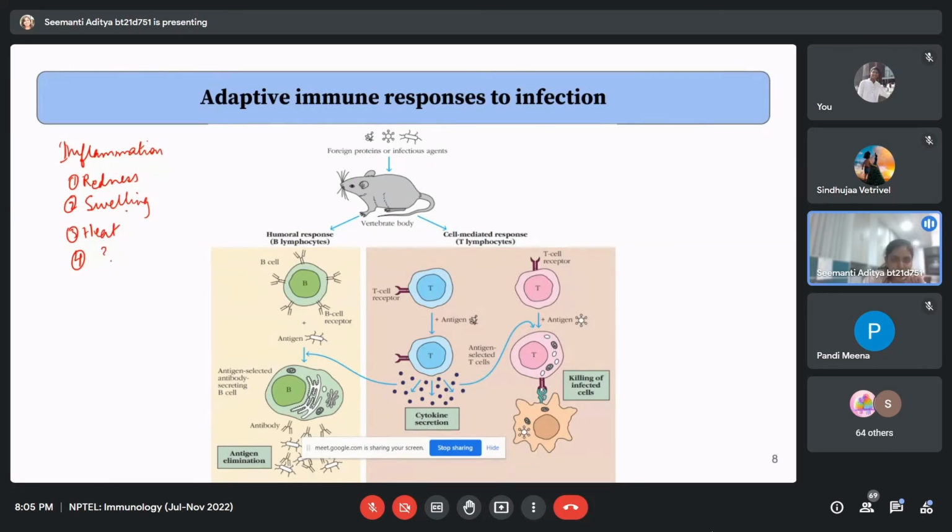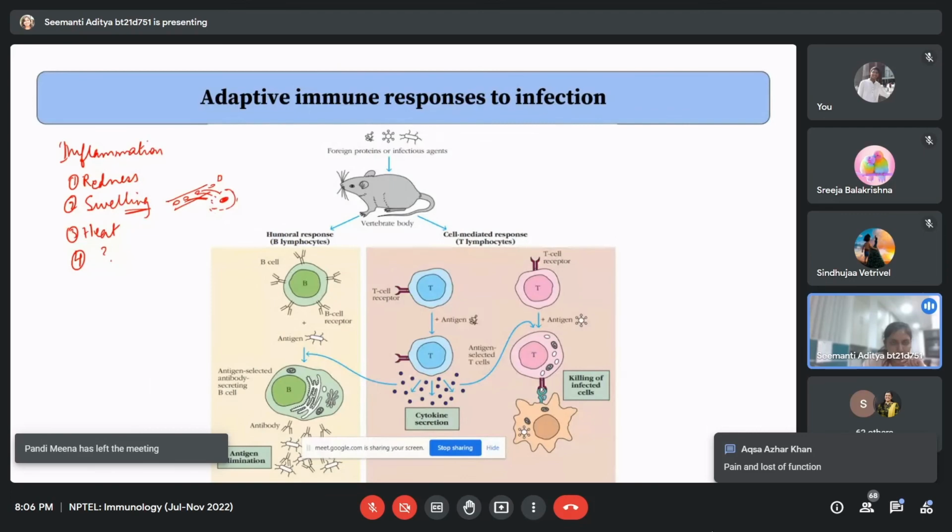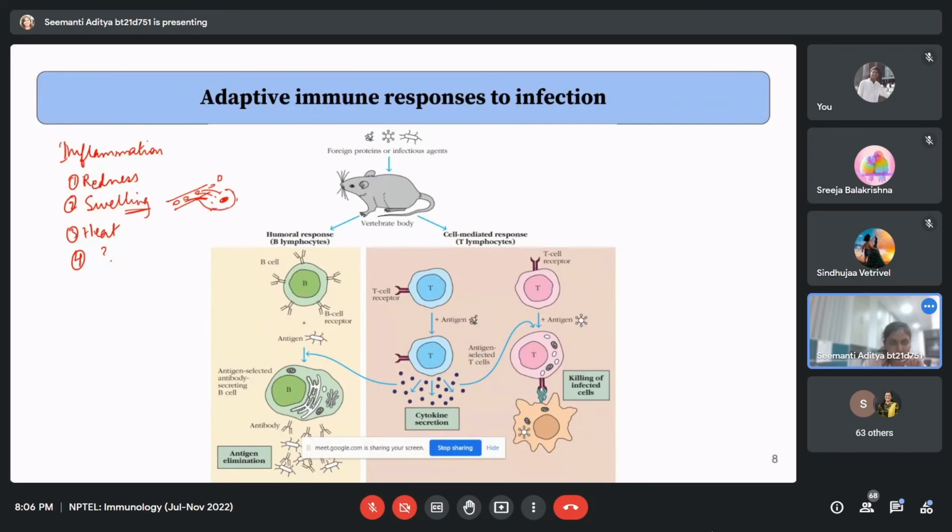So swelling is actually associated with leukocytes migrating to the site of infection from the circulation. Leukocytes are in the circulating blood, and suppose here is your infection, so there is more entry of leukocytes or neutrophils to this site of infection. So swelling will be shown here.